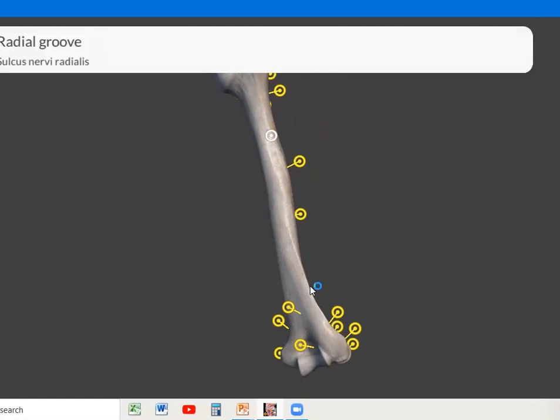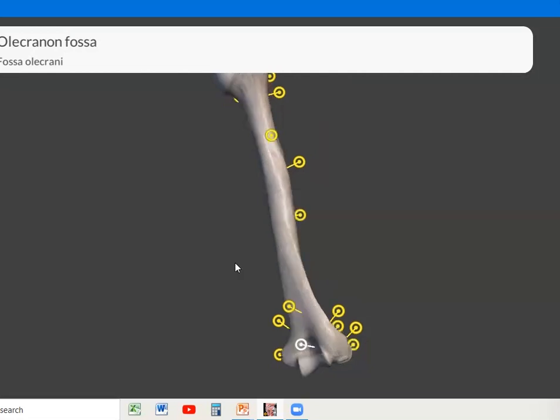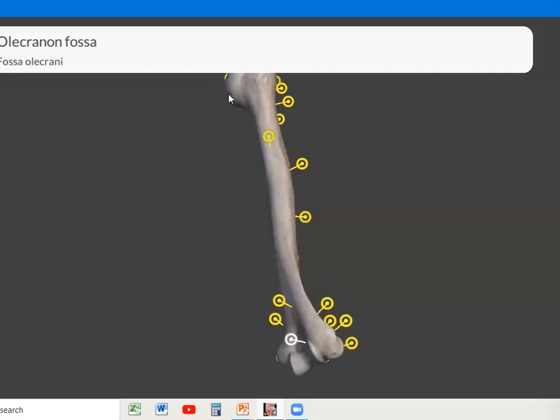Then this one is the posterior surface, right? This is the olecranon fossa. This olecranon fossa articulates with the olecranon process of the ulna bone. These are the features of the humerus bone, right?